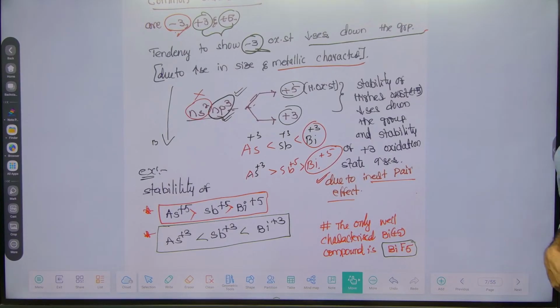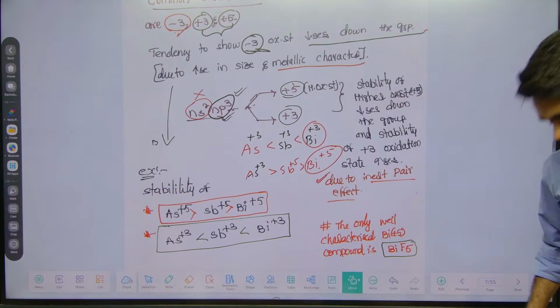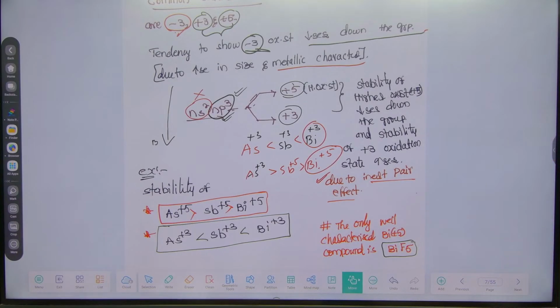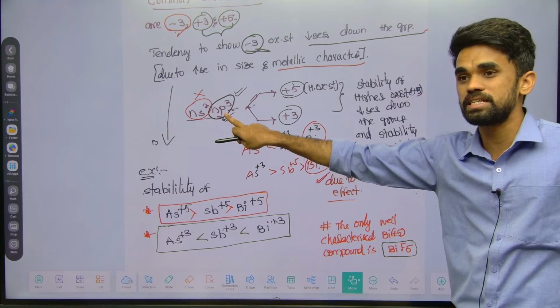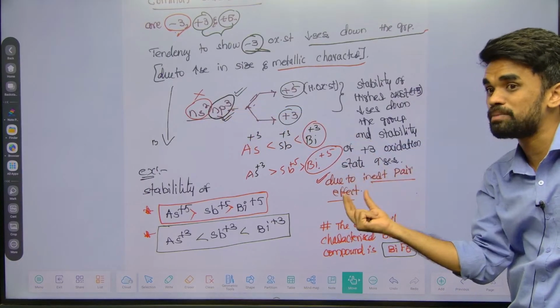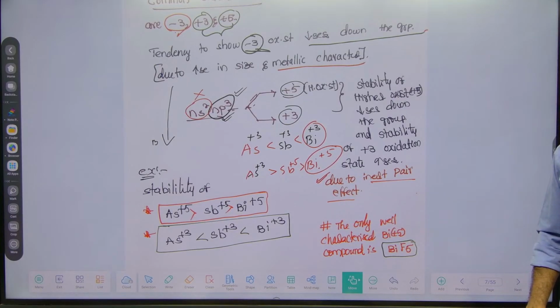Okay. So now what is the stable oxidation state of bismuth? +5, +3.